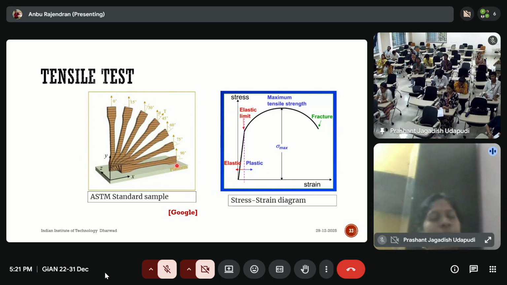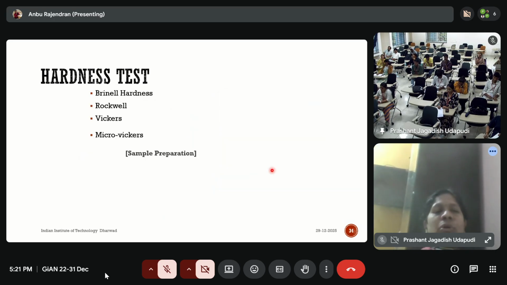The same thing is applicable for 3D printed samples also, the direction in which you pick your sample. Again, it will affect your final result. So you have to be very careful about the direction or orientation you choose for sample preparation. The next basic mechanical testing method is the hardness method.